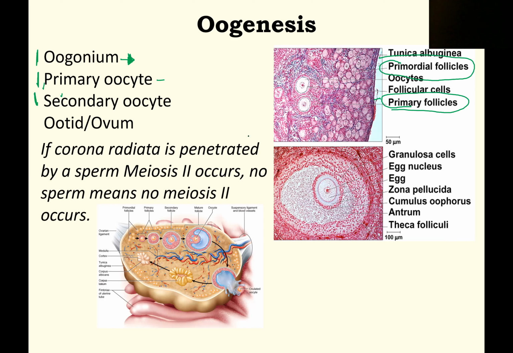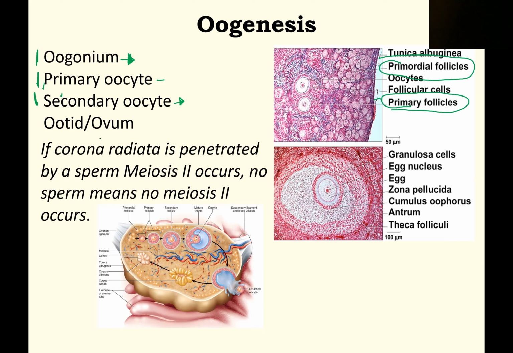The secondary oocyte is initially surrounded by the Graafian follicle, and then it's going to be surrounded by the corona radiata. So you'll have 2 in that follicle place. Secondary oocytes have haploid amount of DNA, but they still have double-stranded chromosomes, so 2 strands.